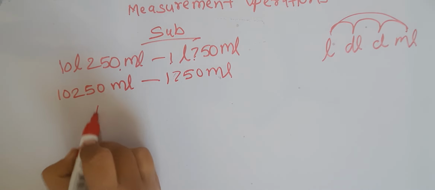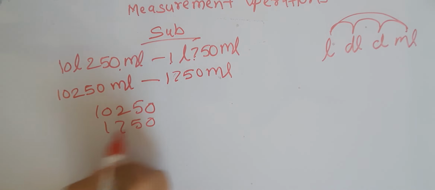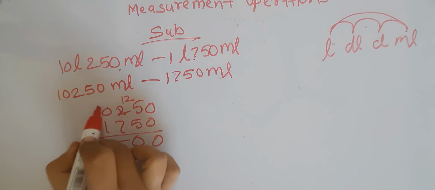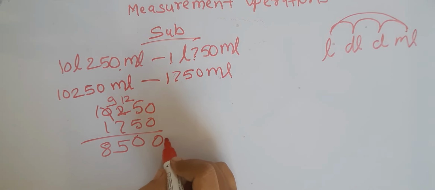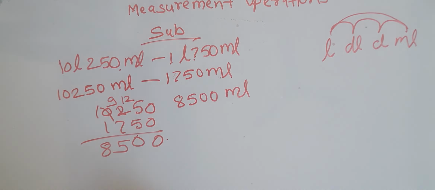Now if we subtract these two values, we get 8500 milliliter. But as we know, we have to always write in a proper unit.